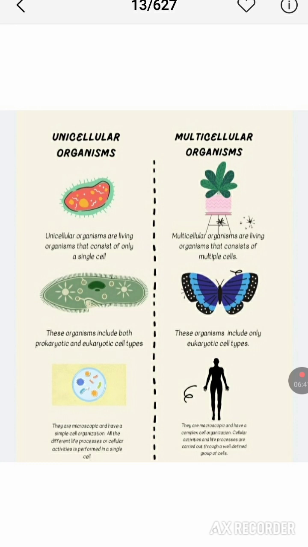While multicellular organisms are not microscopic, they have complex cellular organization. Let us take an example of the human body. The human body contains trillions of cells which perform different functions and combinedly make an organism that becomes functional and performs all the life processes.